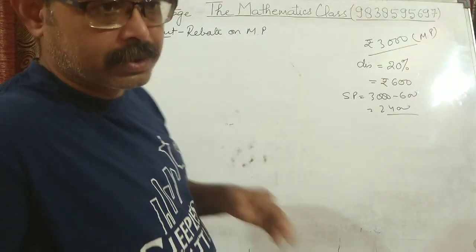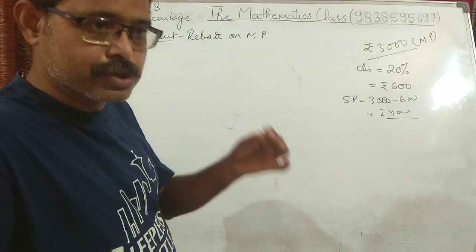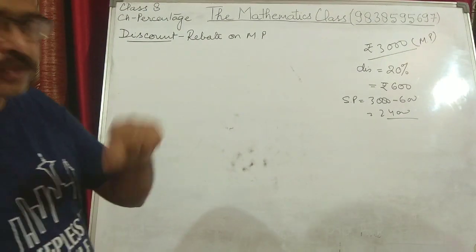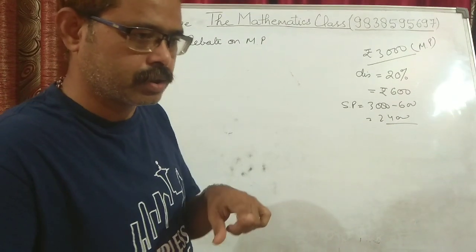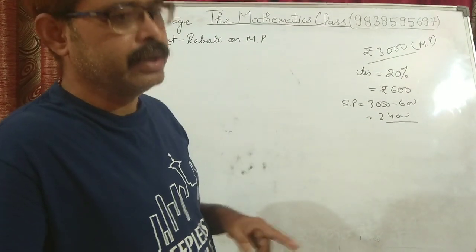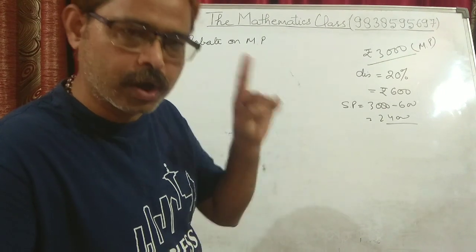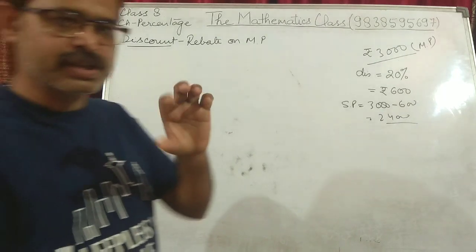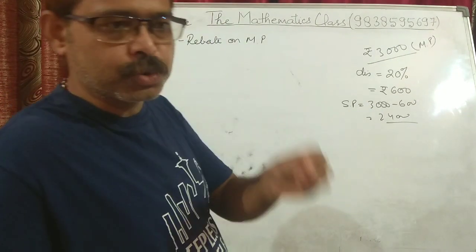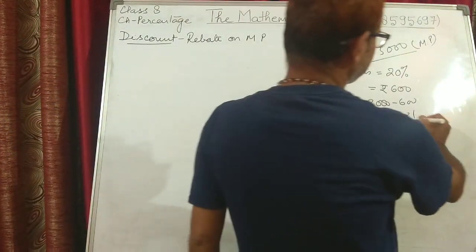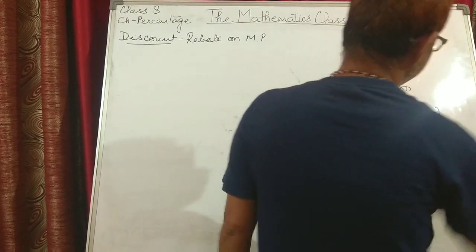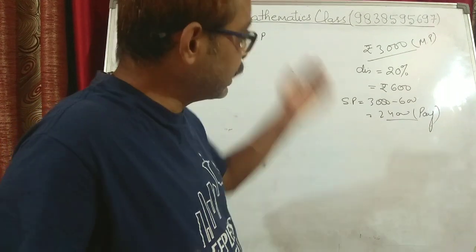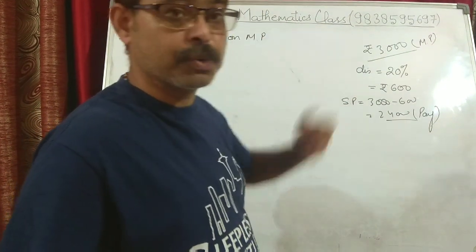Now remember one thing: discount is always calculated on mark price, as profit and loss are calculated on cost price. When we subtract the discount, the amount that we have to pay is 2,400. That amount is the selling price, because he is selling the article at this amount.